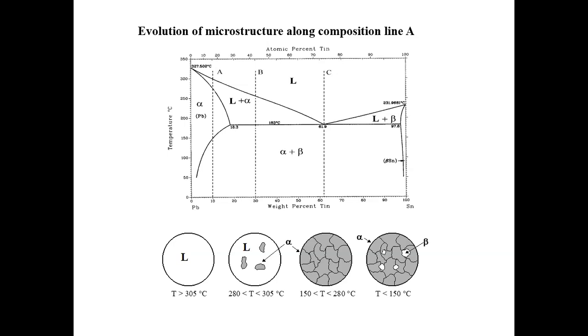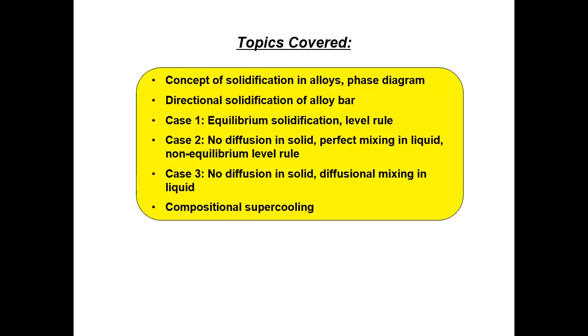So we have to worry about the diffusion of the solutes in both the solid phase and the liquid phase for the solidification of an alloy. So this adds another level of complexity, and that's why we reserve this for a later topic. We first looked at the solidification of the pure system, which is very clean. You just need to worry about the heat flux. But now let's move on to talk about the alloy. Okay, so that's the logic.